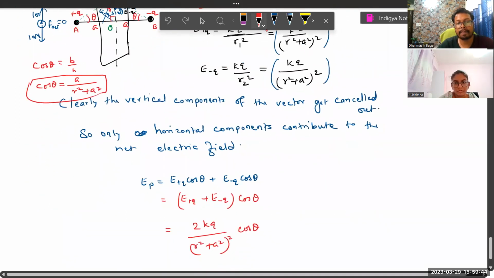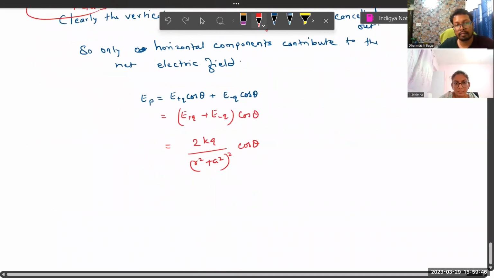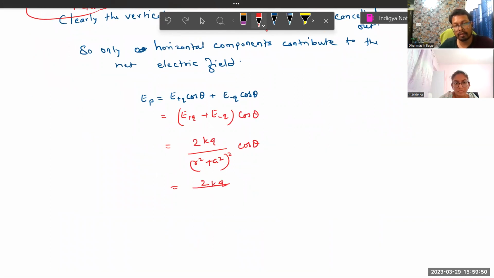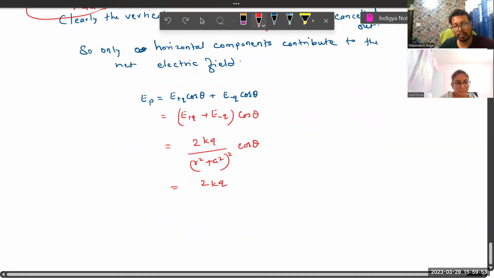2kq times A by (r square plus A square) whole square, times the square root of r square plus A square, right?